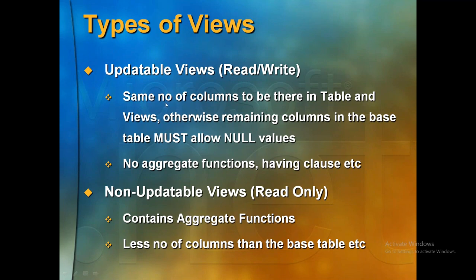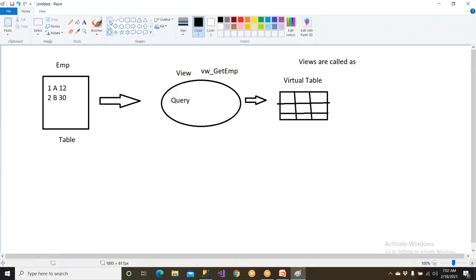Updatable views mean the same number of columns are there in the table and the view. Otherwise, the remaining columns in the base table must allow null values. No aggregations, HAVING clause, etc. are allowed. Non-updatable view means it contains aggregate functions, fewer columns than the base tables, etc. So we can understand there are two types of views. Clear? The view could be an updatable view or a non-updatable view.